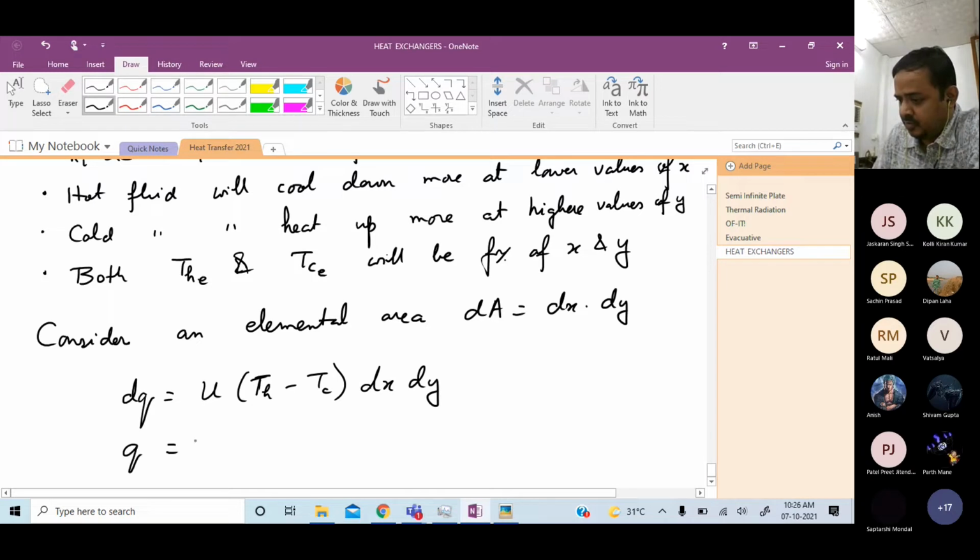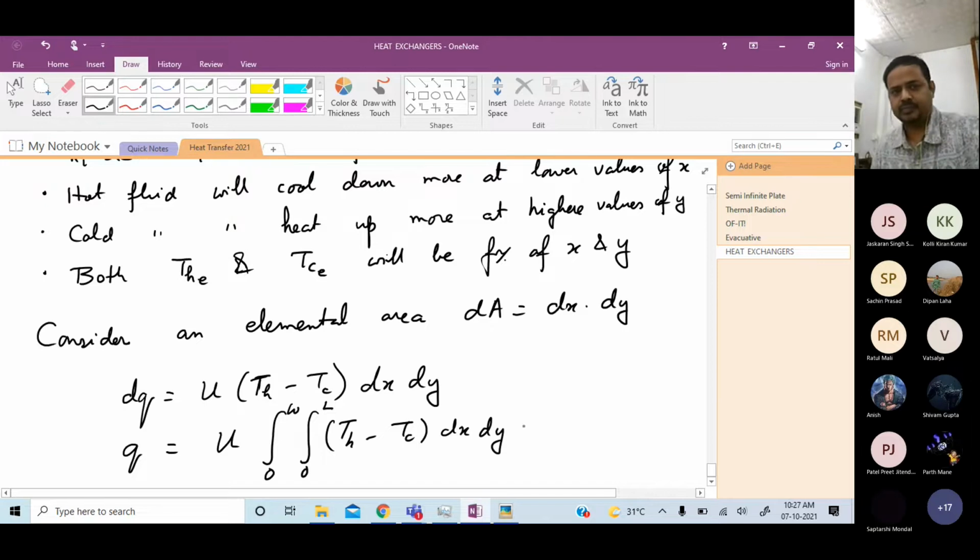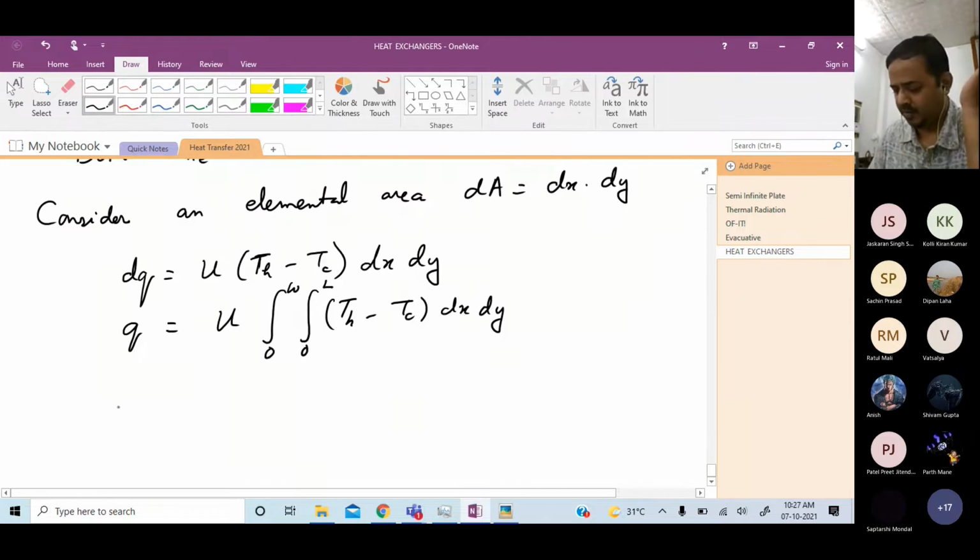And q is therefore U times the integral from 0 to W, integral from 0 to L, of (Th minus Tc) dx dy. Our aim is to find the log mean temperature difference, or the mean temperature difference, may not be log mean.